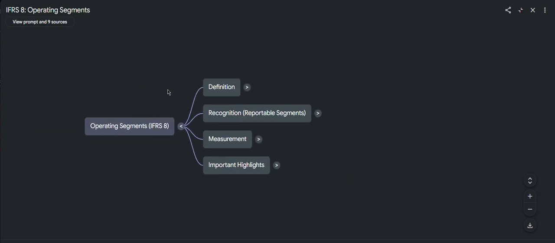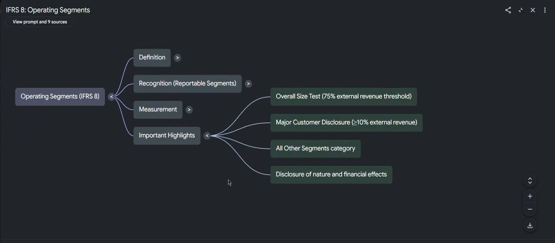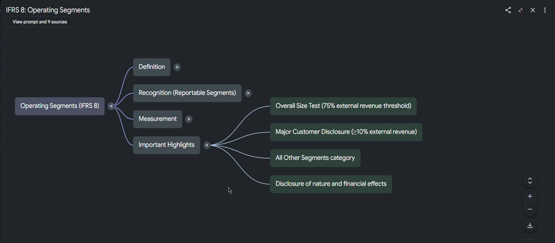So what are the important highlights that we need to remember for operating segments? The overall size test. Remember the quantitative threshold, the golden 10% threshold for revenue, profit or loss, and assets. If those items can be identified quantitatively as reportable segments, the next question to ask is whether it satisfies the overall size test.